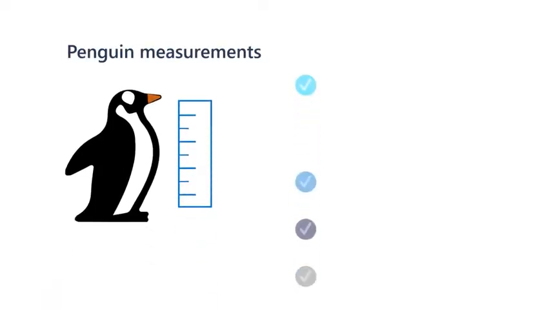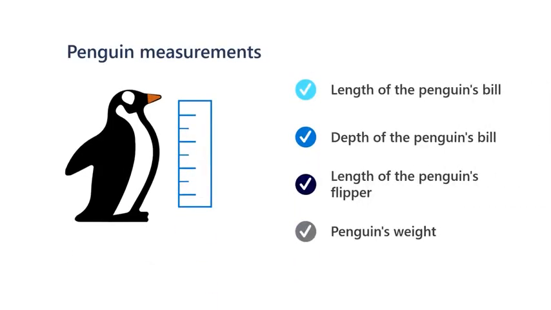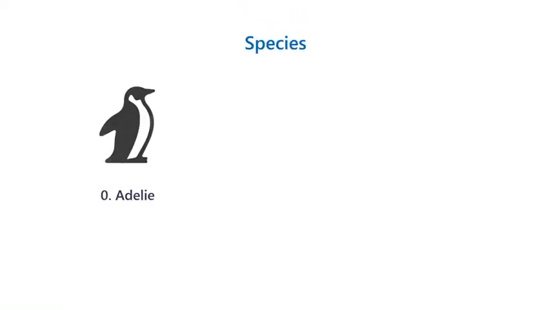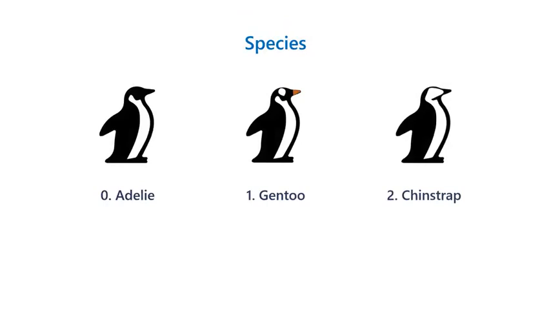For example, a model might predict the species of a penguin based on features like its bill length, bill width, flipper length, and weight. Suppose there are 3 species of penguin, so the model predicts one of 3 class labels, 0, 1, or 2. For an individual prediction, the flipper length feature might have local importance values of 0.5 for class 0, 0.3 for class 1, and minus 0.8 for class 2.